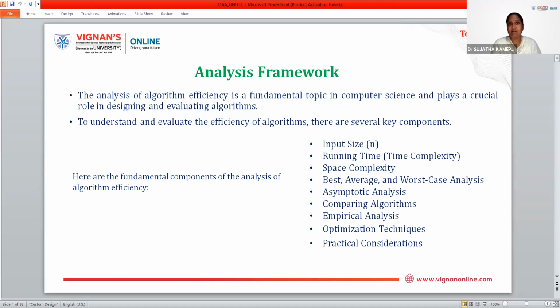All these components should be considered while we are analyzing the algorithm.